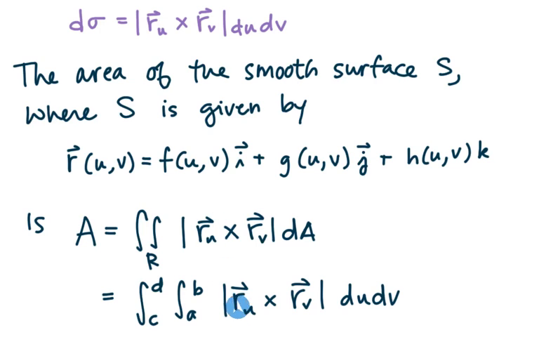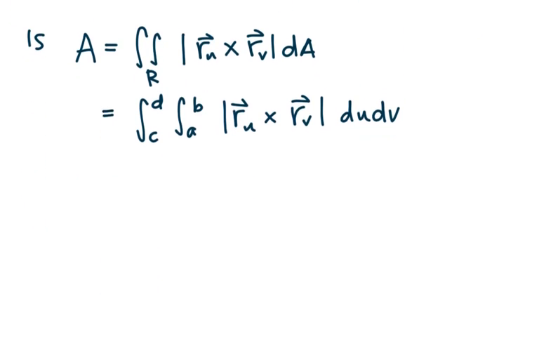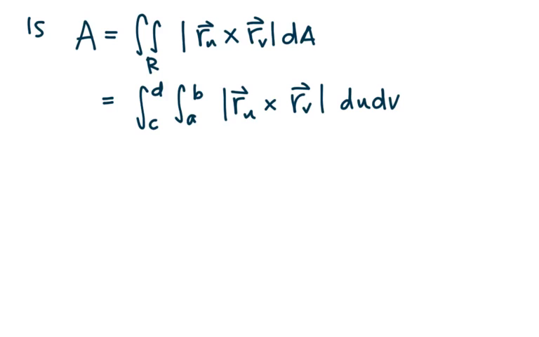So both of these integrals mean the same thing, and you'll notice that this integrand we have here with the du dv, we could denote that as d sigma. So sometimes you may see this written as the double integral over the surface of d sigma. So all three of these integrals mean the same thing, and this is how we find the surface area.